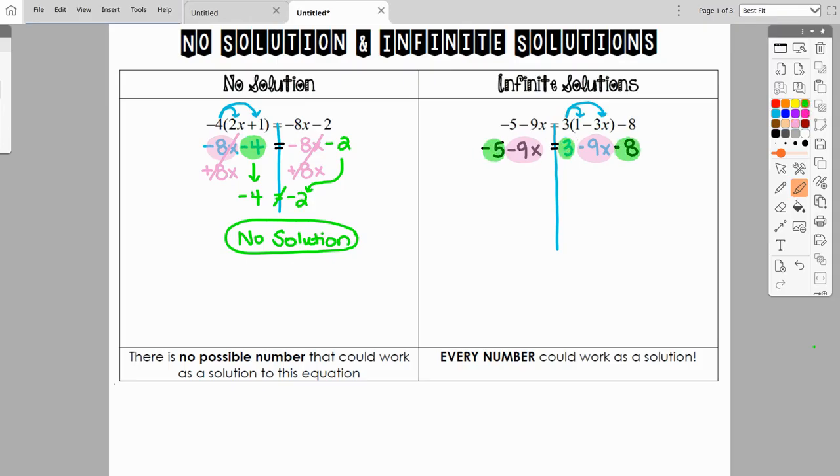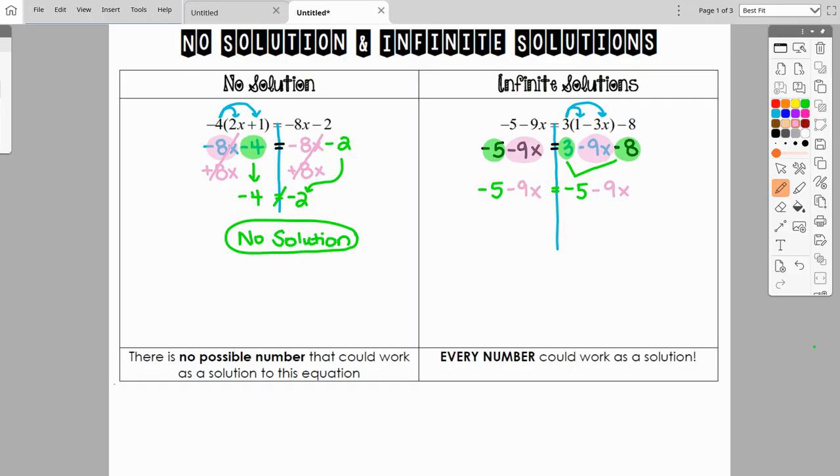I have 2 greens on the right side, so I can go ahead and combine them just with the operation of what they have on each of those numbers. So that's 3 minus 8, changing no signs. 3 minus 8 is negative 5. I'll bring down the negative 9x that I still have, and I'll leave the left side as is, which is negative 5 minus 9x.